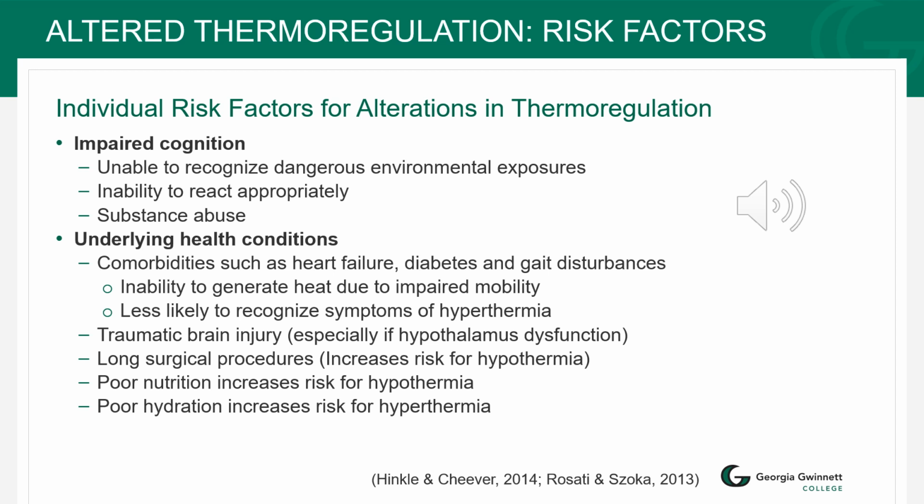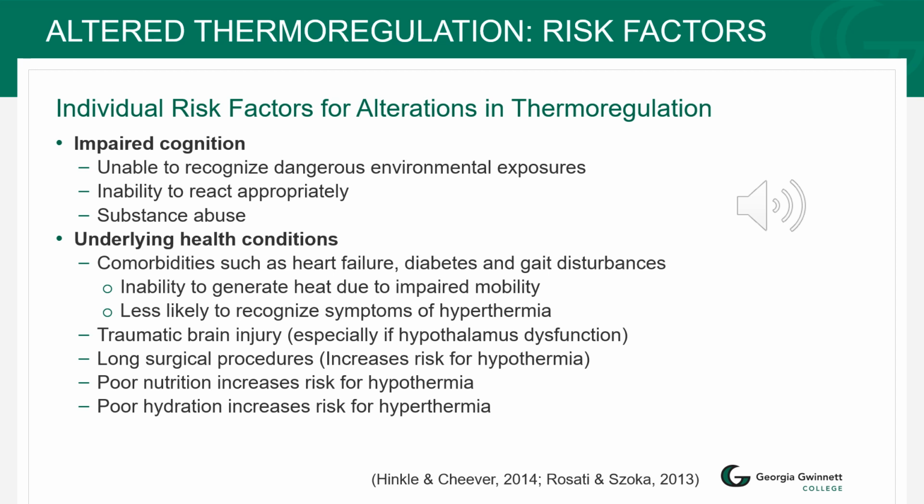Alcoholics, people that abuse drugs, all of those individuals are at risk for alterations in thermoregulation. People with chronic illnesses, diabetes, heart failure, kidney issues, all of them are at higher risk. If someone is unable to walk as well, so in this slide it says gait disturbances, maybe they can't generate heat because they're not moving around. They have impaired mobility, so they can't generate heat.